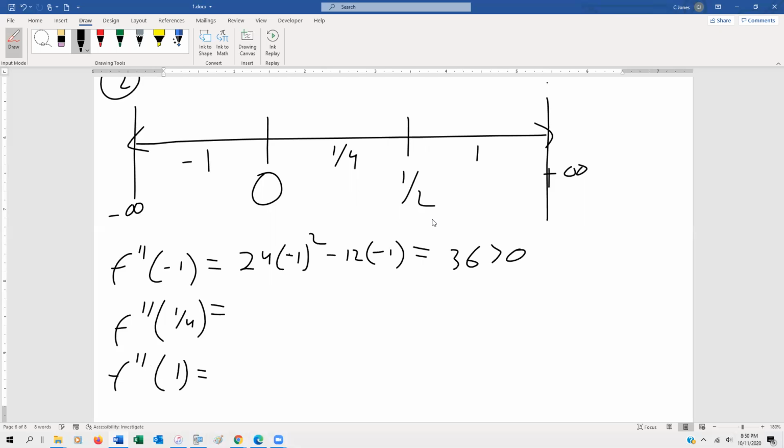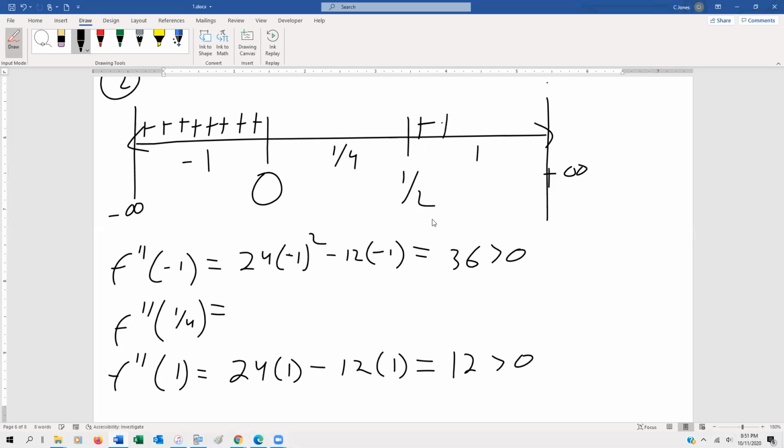We don't care about the number, we care about the sign. So between negative infinity and 0, it's concave up. Just as easily, we can substitute 1 back in. I'm doing the easy ones first so I don't have to go to the calculator. 24 minus 12 is 12, which is clearly greater than 0, so we have concave up here.